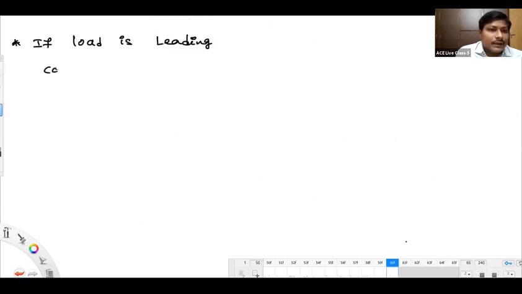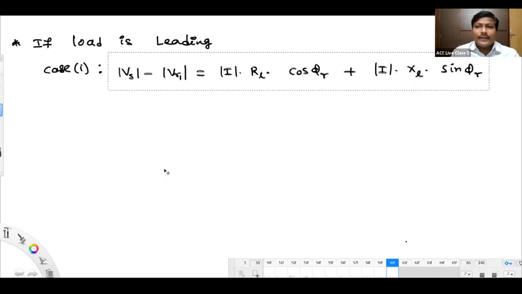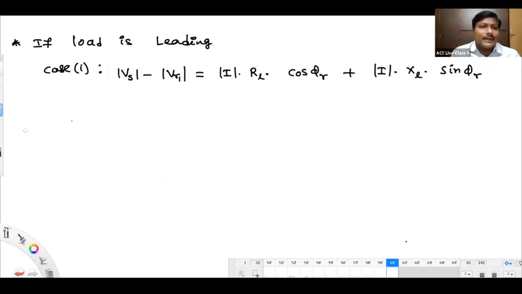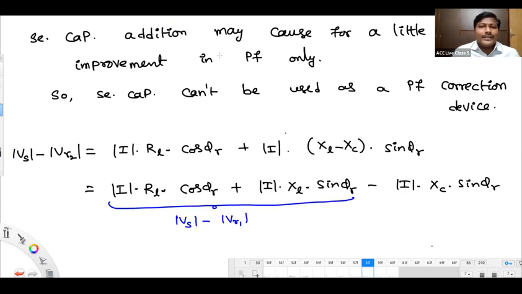Case one gives an equation something like this, but here we get a minus sign. What about case 2 with series capacitor?